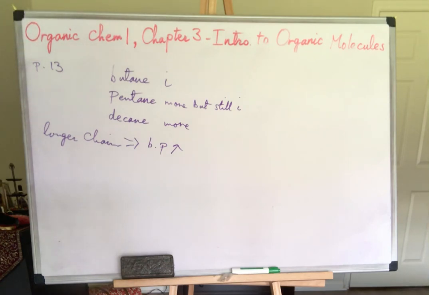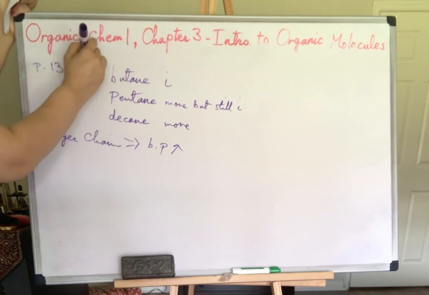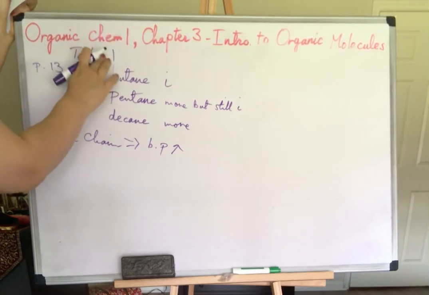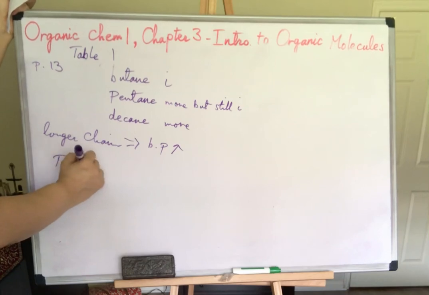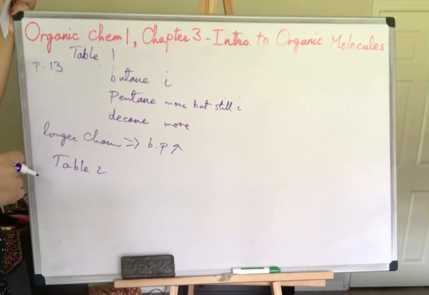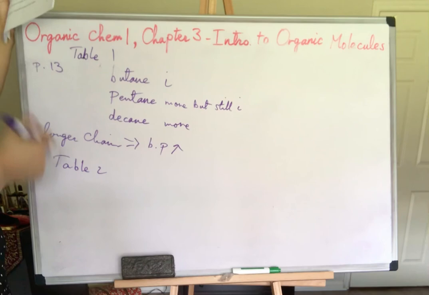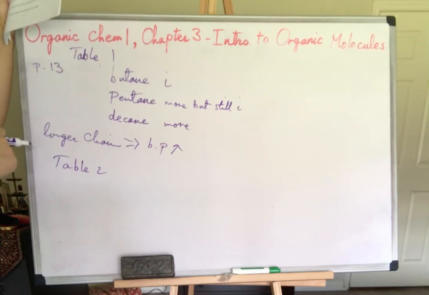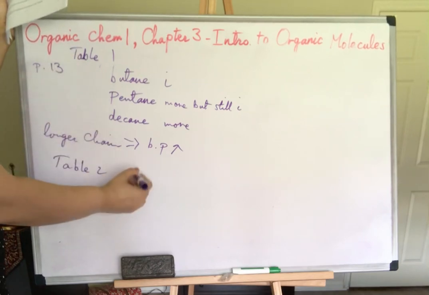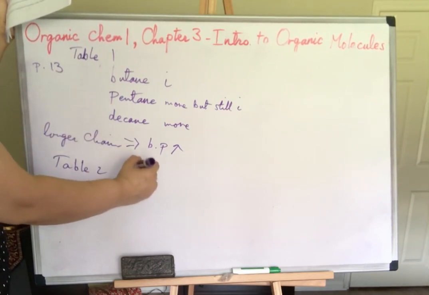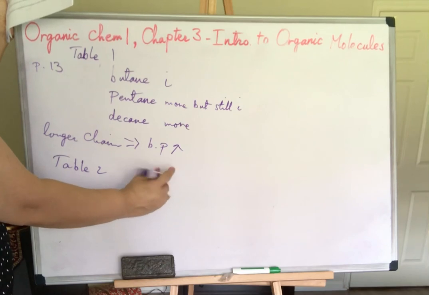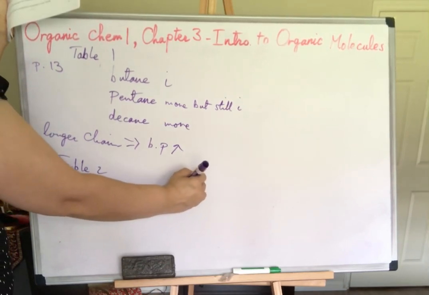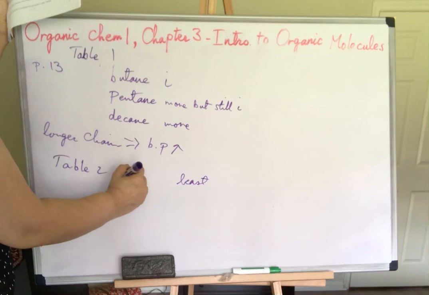The second table, table 2, this was table 1. Table 2, it's comparing the solubility of 3 different alcohols, methanol, ethanol, and propanol. With increasing the length of the chain, you see the boiling point increases, and the solubility is the least for methanol because that's the smallest.